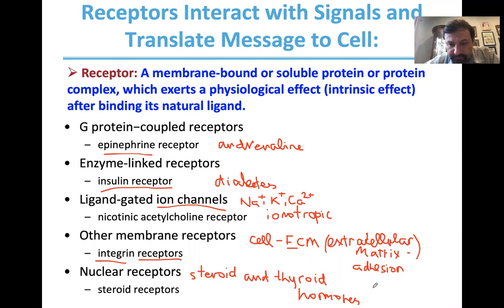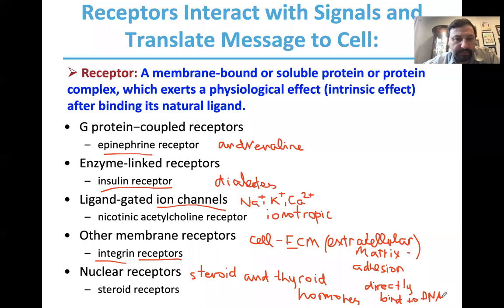So these receptors will directly bind to DNA and basically regulate the expression of adjacent genes.